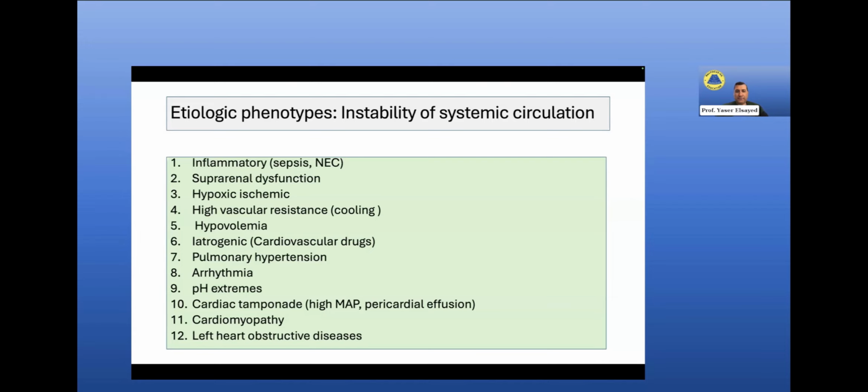Cardiac tamponade with high MAP, pericardial effusion, or cardiomyopathy, either genetic or viral, and left heart obstructive diseases. So these are the 12, and if you have any important category that I missed, let me know in the comments.